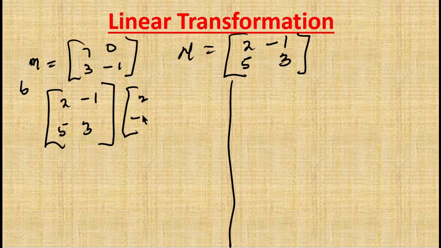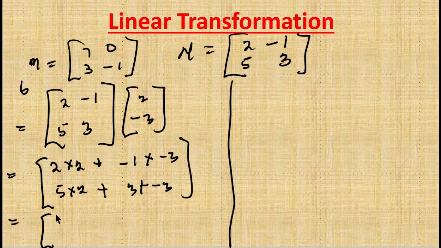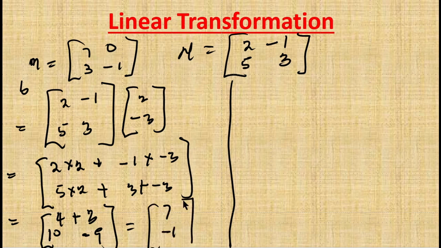That will be the same thing as 2 times 2 plus minus 1 times minus 3, and 5 times 2 plus 3 times minus 3. So this is the same thing as 4 plus 3 and 10 minus 9.